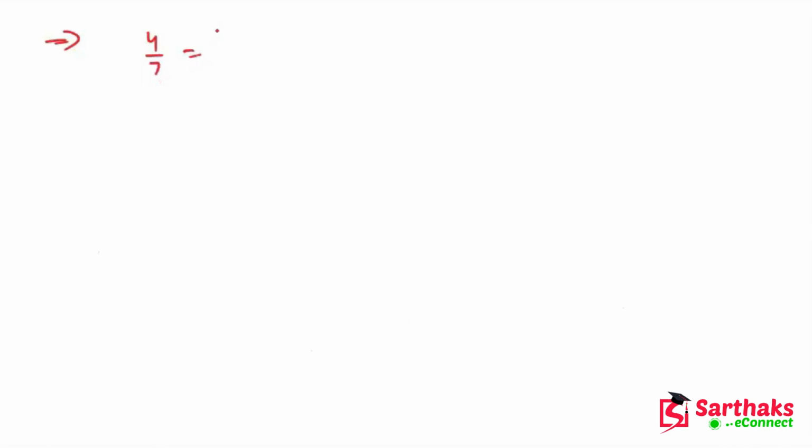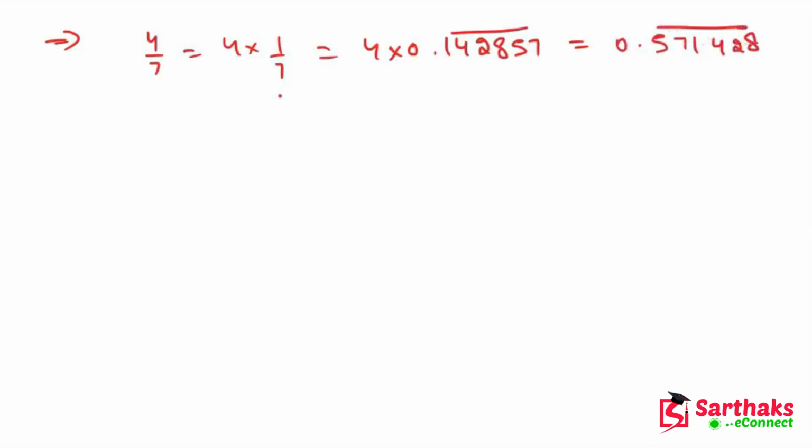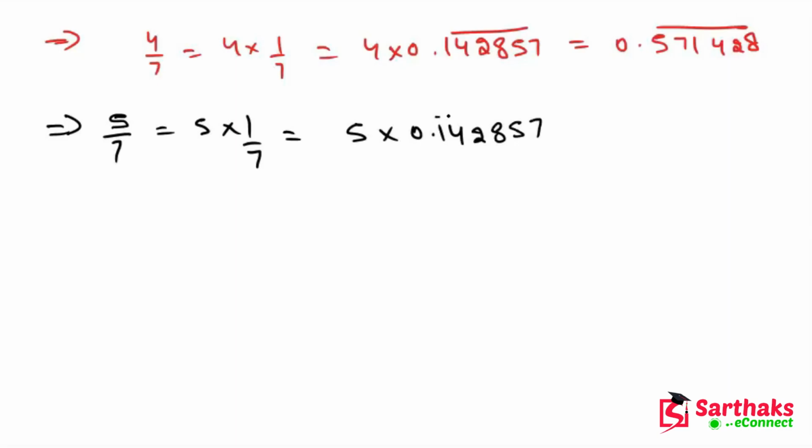Now we have to find 4 upon 7. For this, 4 into 1 upon 7, which is 4 into 0.142857 bar, which is equal to 0.571428 bar. Now what is the value of 5 upon 7? It means 5 into 1 upon 7, which is 5 into 0.142857 bar.